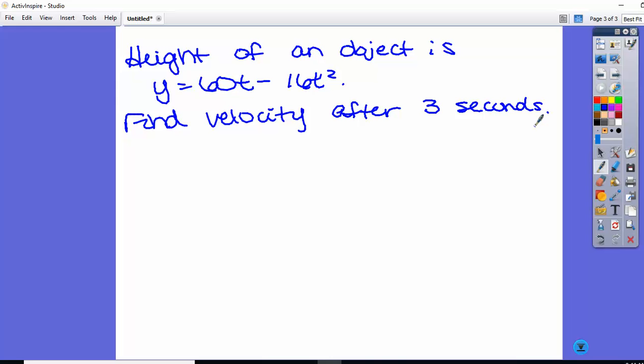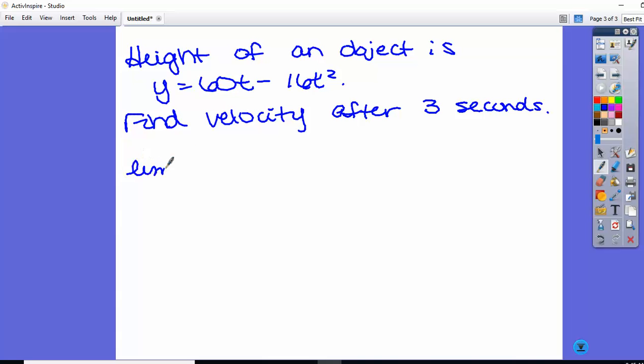So, how do we find velocity? Yeah, we have to do the derivative first, because this is position, and the derivative of position is velocity.